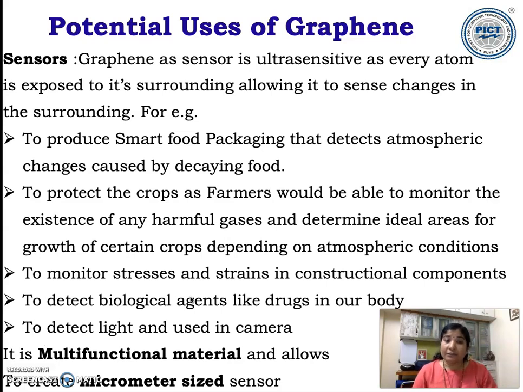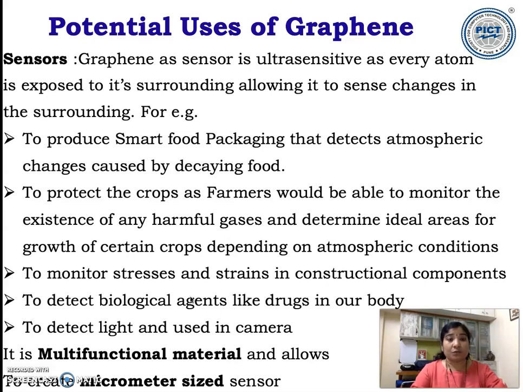Hence, as I told you, it is a wonder material. Why? Because it is a multifunctional material. What do we mean by multifunctional material? It means that if I have one graphene sensor, it can be utilized in different areas as a sensor, and it allows us to create a micrometer sized sensor.